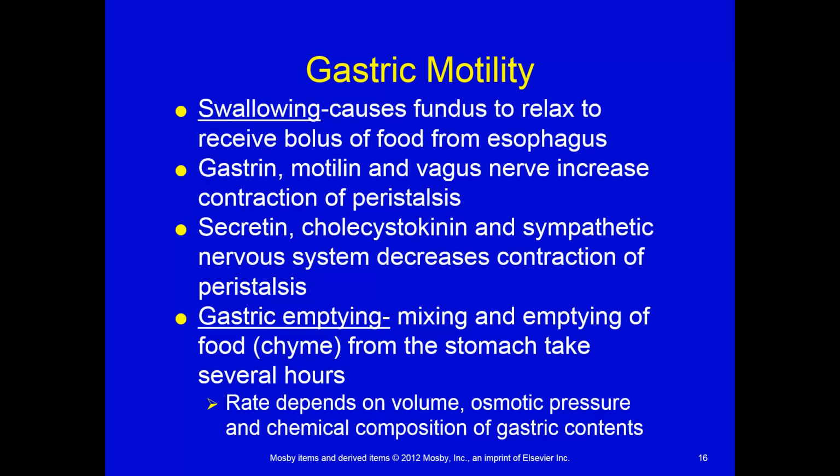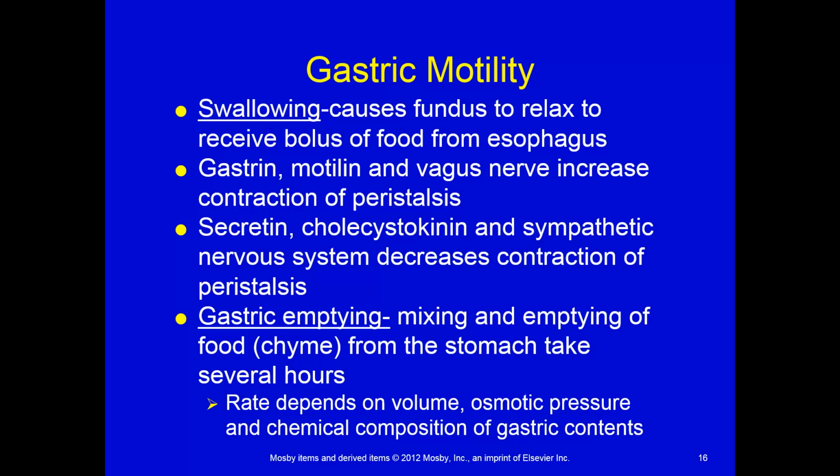And obviously the rate of how fast it occurs depends on how much you ate, so the volume, the osmotic pressure, the chemical composition of the gastric contents, etc. So it really can depend on what you ate and the other components about how long this gastric emptying occurs. But it's certainly part of that gastric motility function of the stomach.